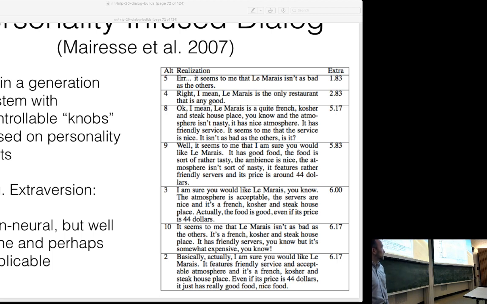So this is the name of the paper, Personality Generation for Dialogue, and they use a very standard old school dialogue system where you have content planning, which I'm going to talk about more later for people who don't understand this, where you choose the communicative goals like the dialogue act. Then you have sentence planning where you choose the linguistic realization, what kind of lexicon and syntax you use.